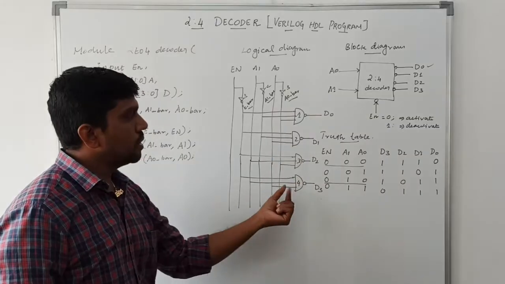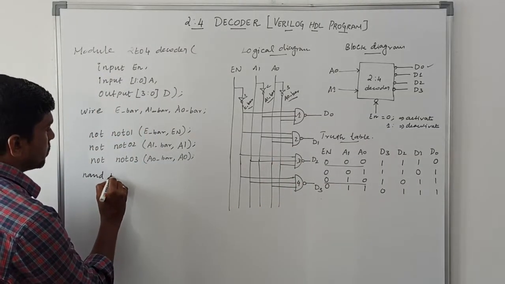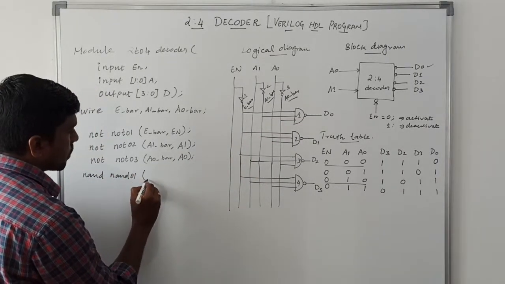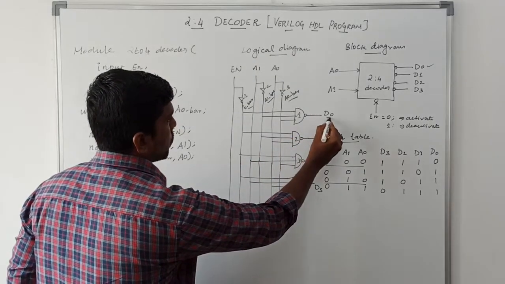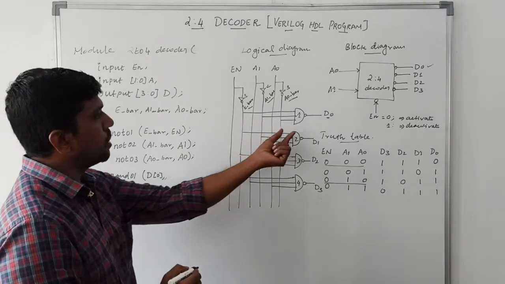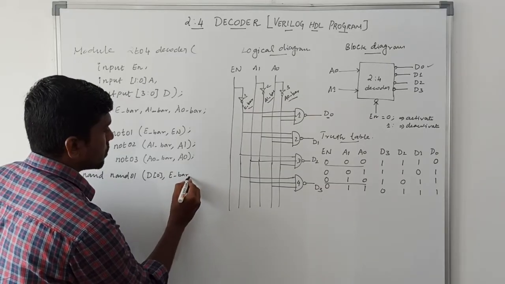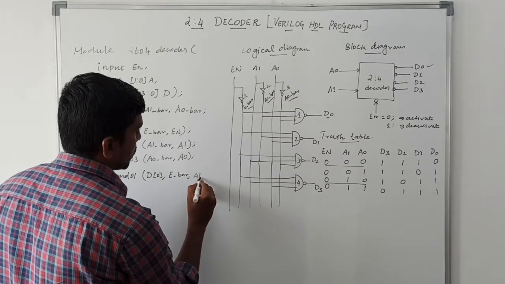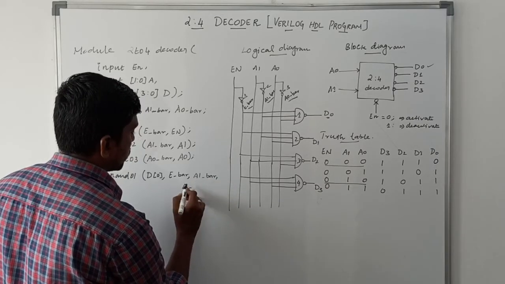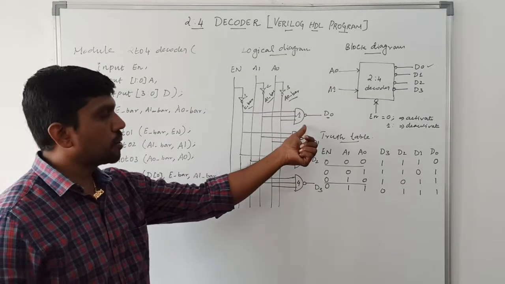Now we go to declare the NAND operations. Take the first NAND gate, NAND 1. First you write the output value, D0. Following that you write the input values: E bar, A1 bar, comma, A0 bar. So the first NAND gate declaration is over.